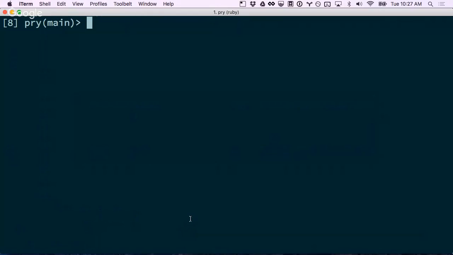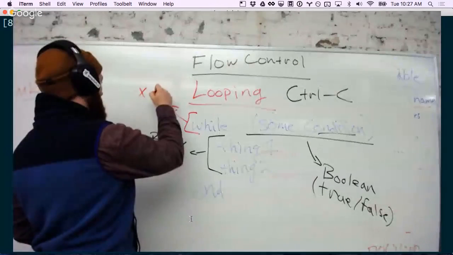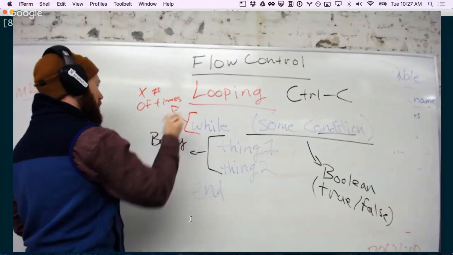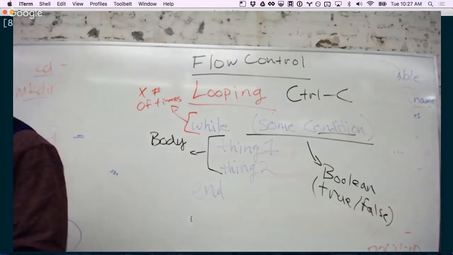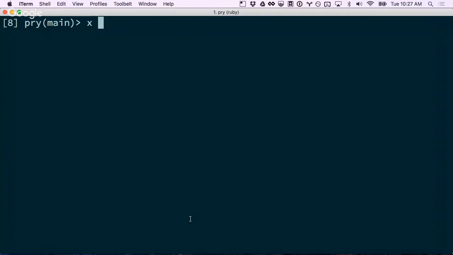What's a more common usage, obviously, is that we want to use the while loop here to do something X number of times, or until some condition is met. And so something you might see a lot of is something like I can set X is 0.